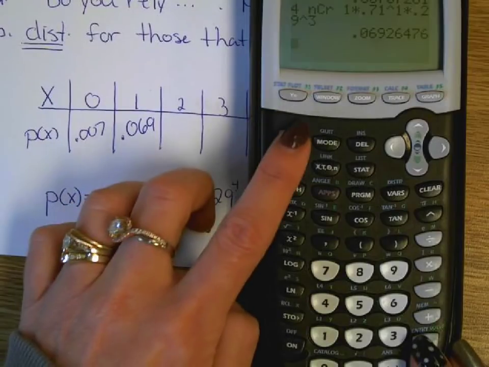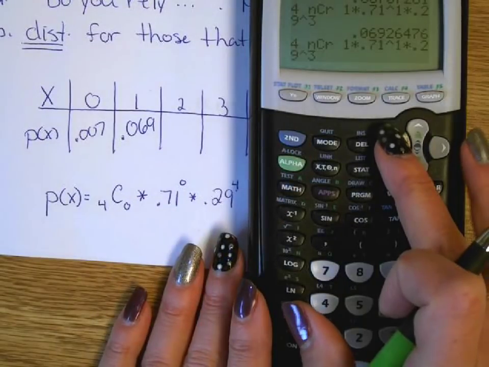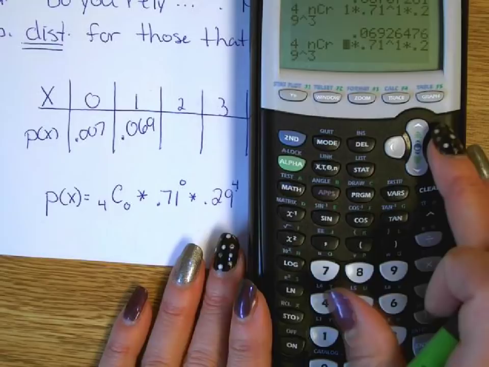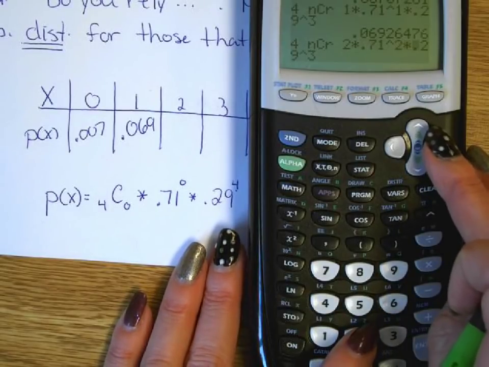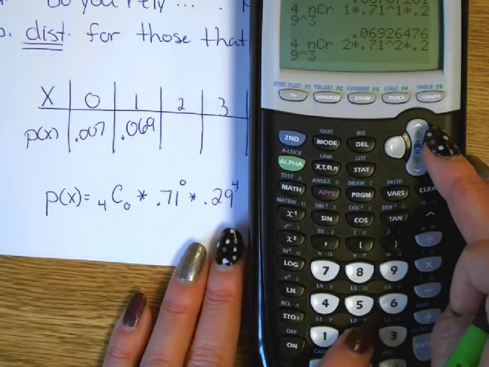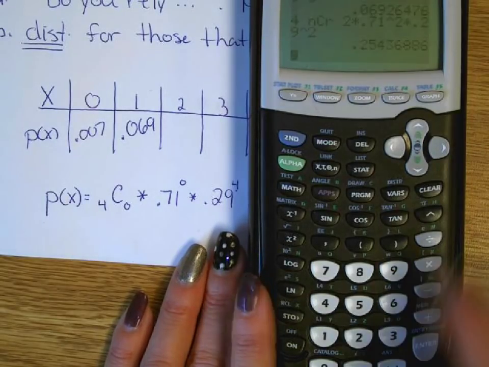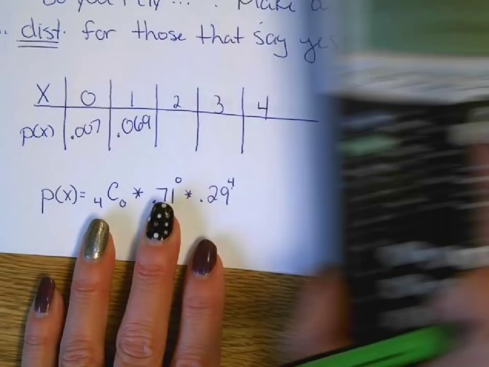3 more times. These get to be a little long, that's why they won't give you too high of a number here on these ones. Now I want 2 successes, and then I'm doing 4 minus 2 for 2 there, all 2's all the way through. 0.254.